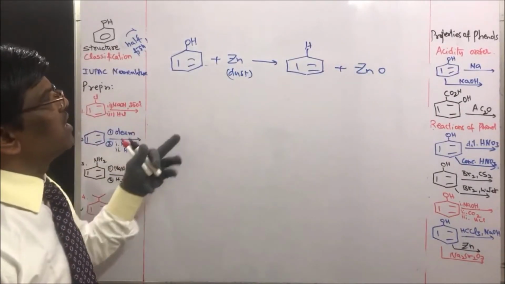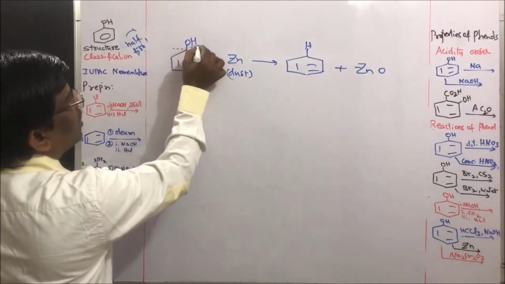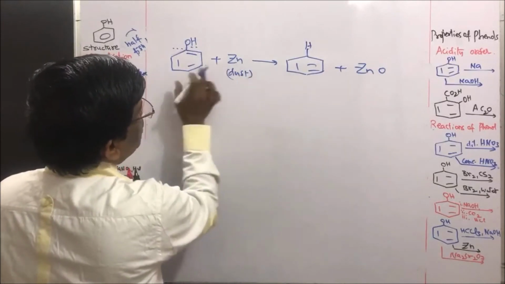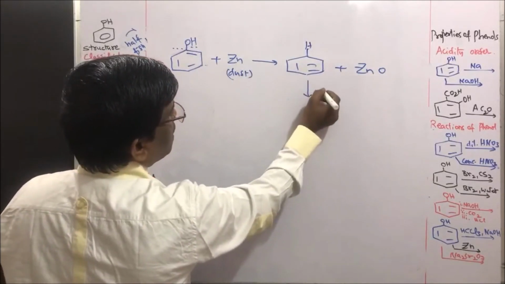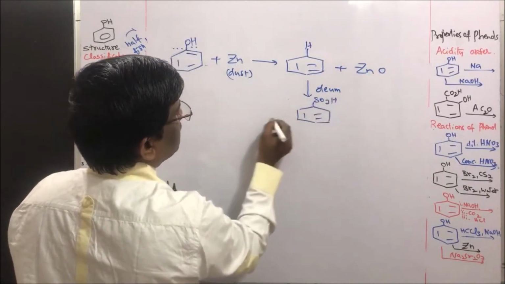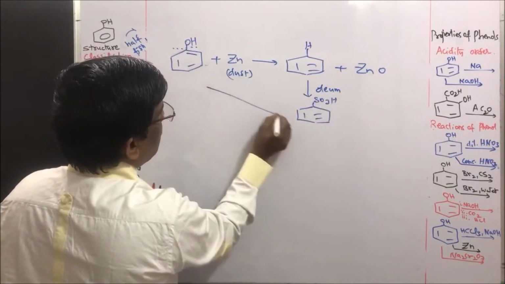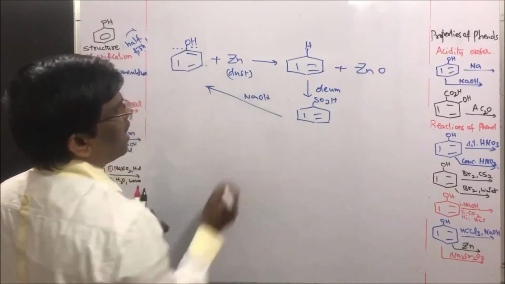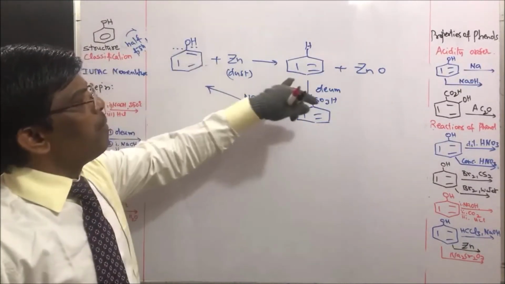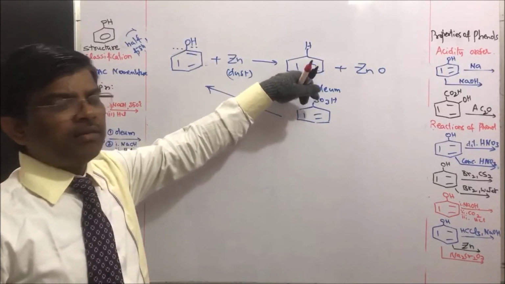This is one of the reactions where this bond is going to be broken or cleaved. Then how to prepare phenol from benzene? We did it by using oleum. We made sulfonic acid. This sulfonic acid upon NaOH reaction we prepared phenol. Yes, so phenol can be taken back to benzene by zinc.